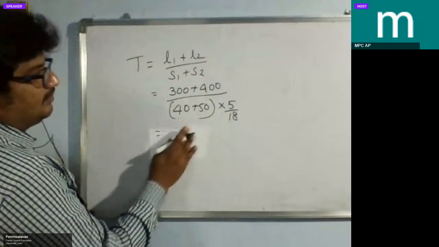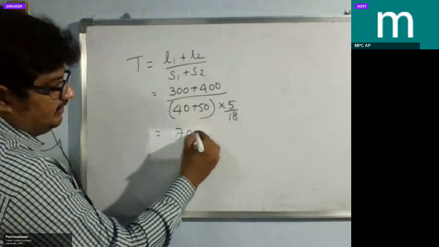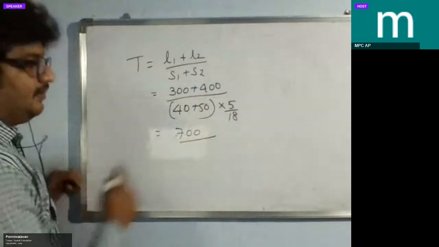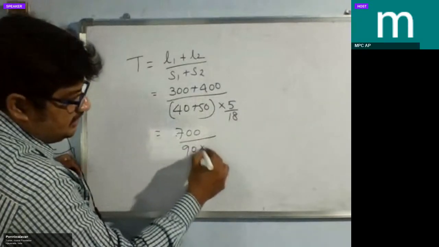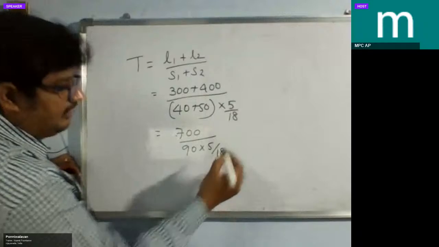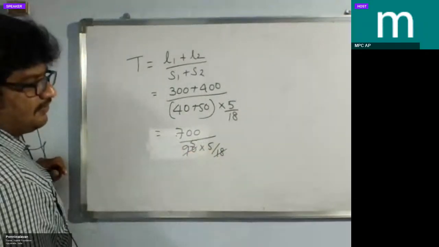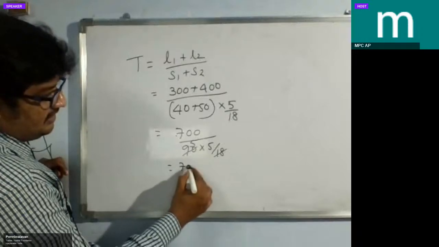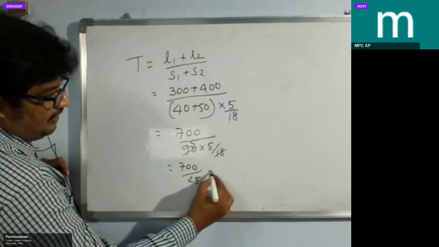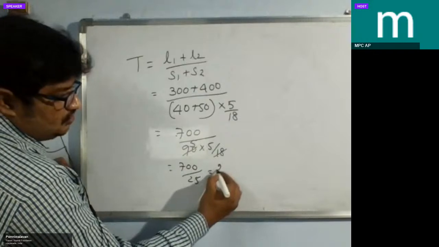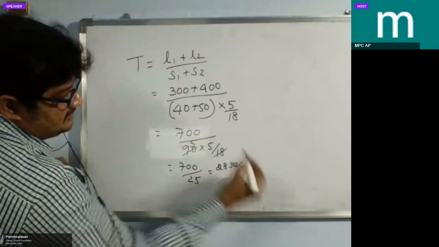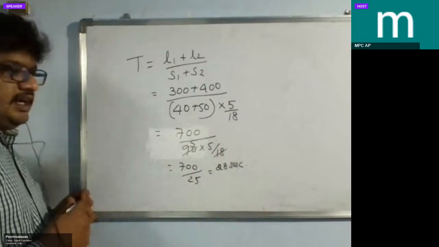So 300 plus 400, it is 700 divided by 90 into 5 by 18. So if you divide, it is 5 times, so 700 divided by 25, so it is 28 seconds.